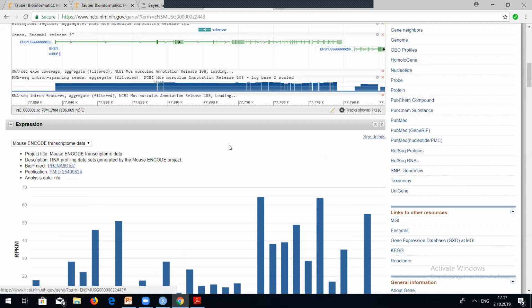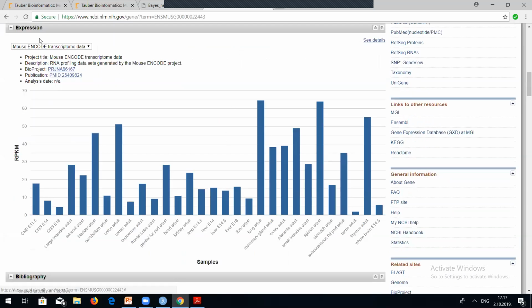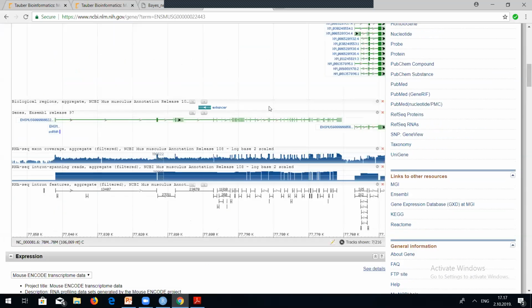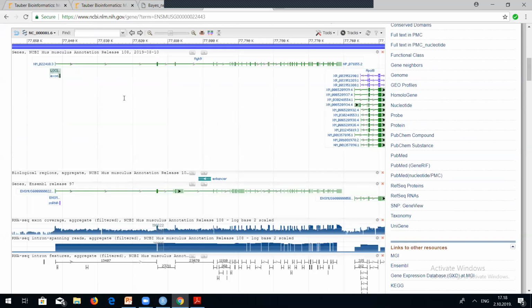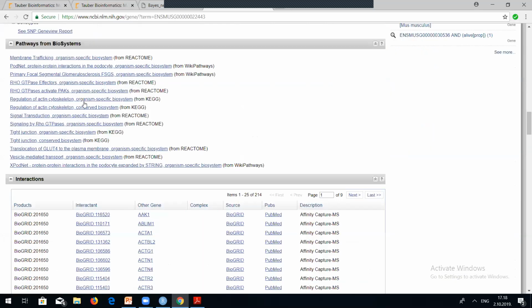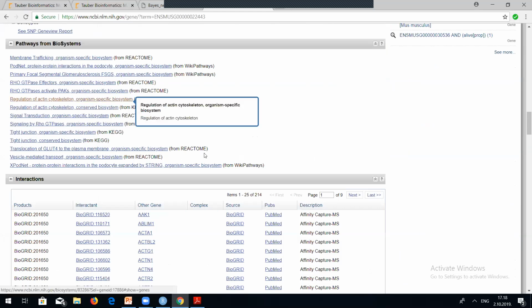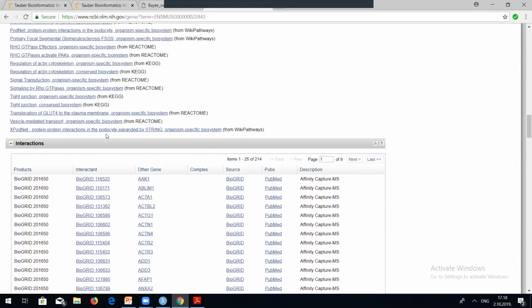You have some pathways and biosystems. Now, there are a lot of processes, as you can see, in which this gene is included. So we have here regulation of actin cytoskeleton, right? So we have some other things here, like interactions of phagocytes, and others, right?